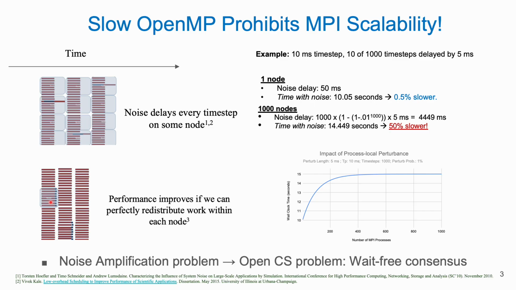So given many applications use MPI plus OpenMP, it really falls on OpenMP to handle this kind of work redistribution and optimization. This means that efficient and performance variable OpenMP can prohibit MPI scalability.